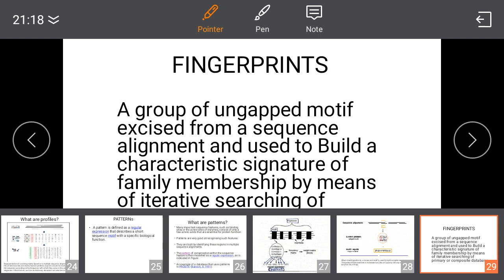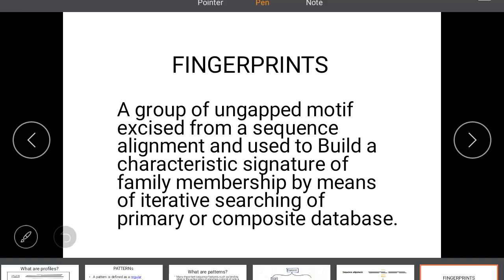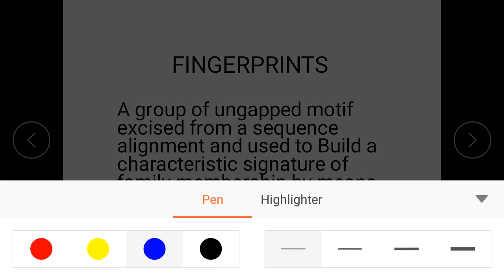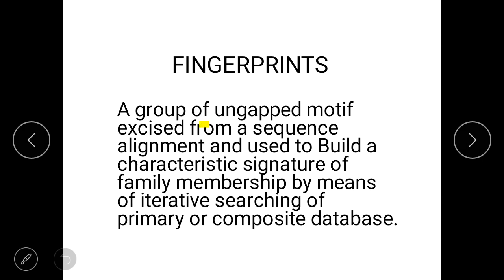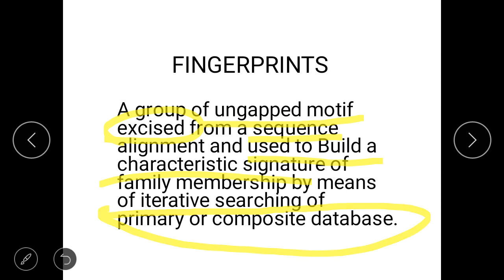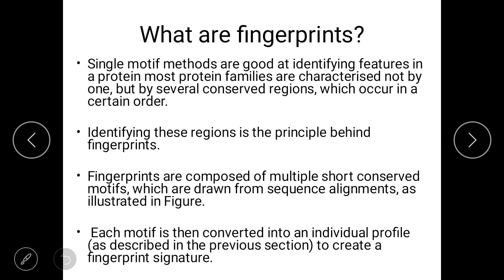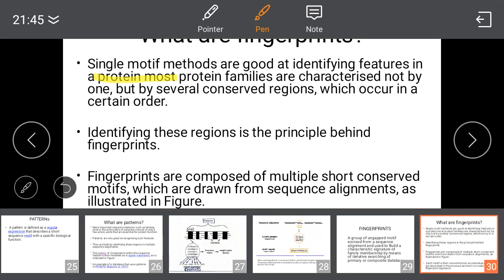So a fingerprint is an ungapped motif excised from a sequence and used to build a characteristic signature of a family by searching primary or composite databases.